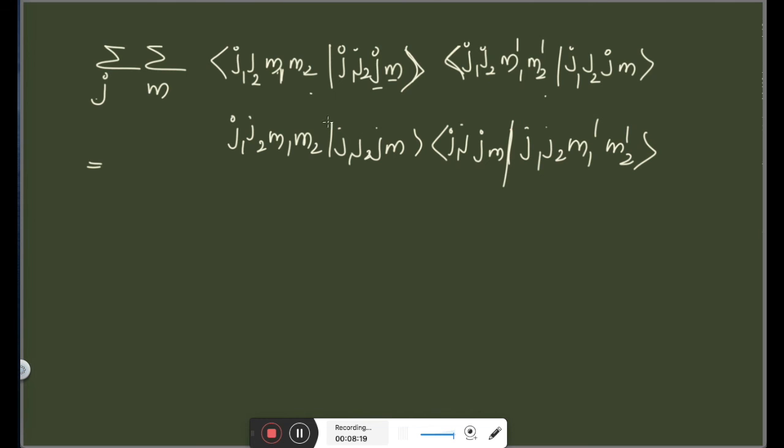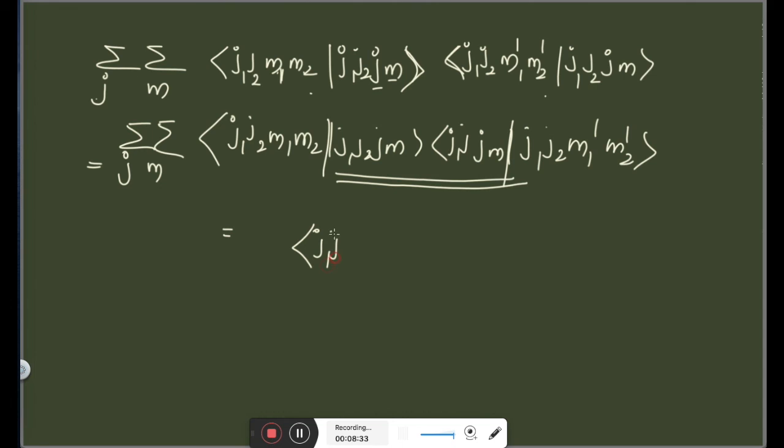And this part, if you sum over all J and M, is nothing but the identity operator.